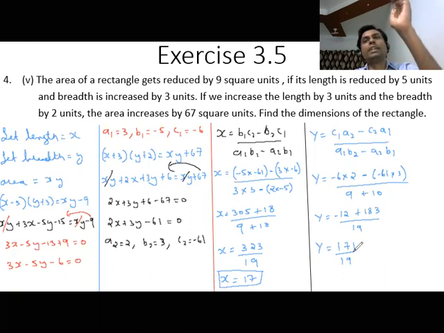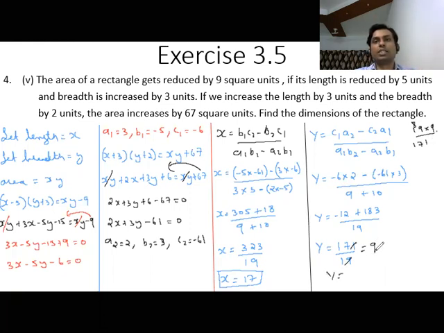When you multiply, 9 9s are 81. So check there itself: 19 into 9. 9 9s are 81, 9 1s are 9, plus 8, 17. 171 matching. So it becomes 9. So y is equal to 9. This will be the answer.